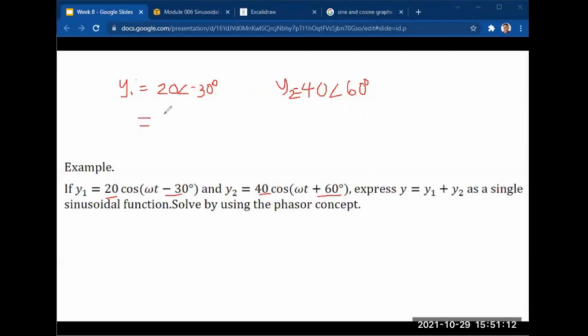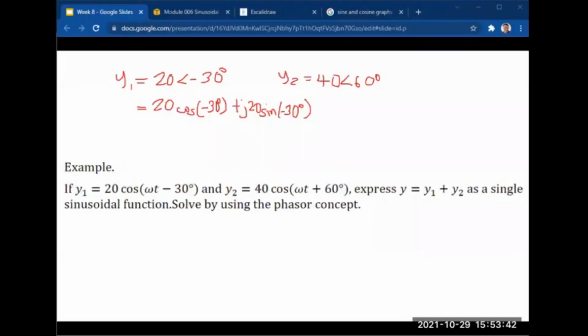So the rectangular form is 20 cosine negative 30 plus j 20 sine negative 30. Next, we will simplify this one.